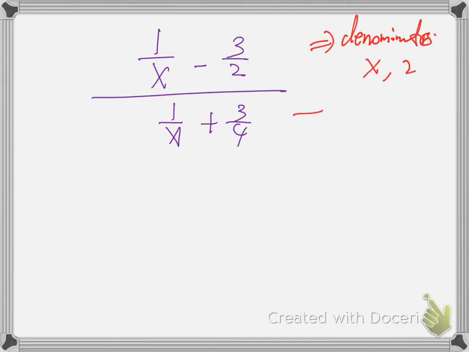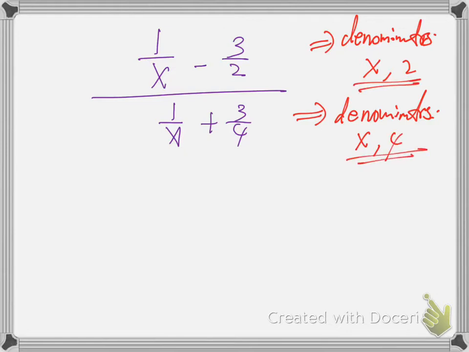The denominators in the bottom: we got x and 4. So we want the least common denominator of all these four parts. The LCD is 4x.